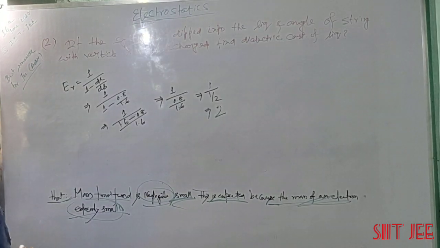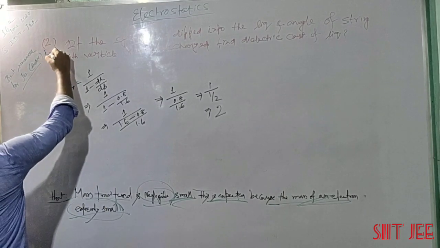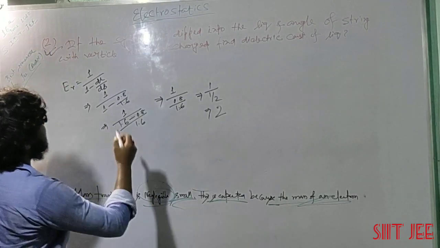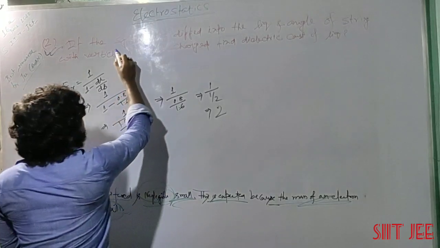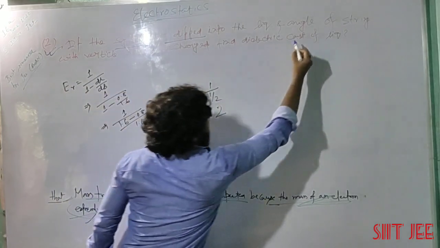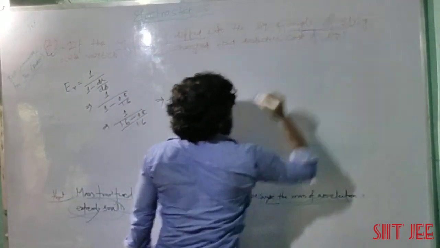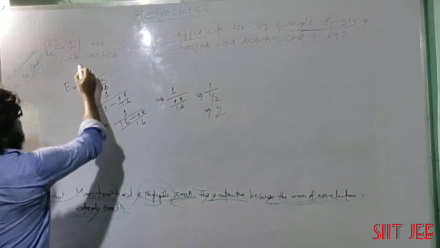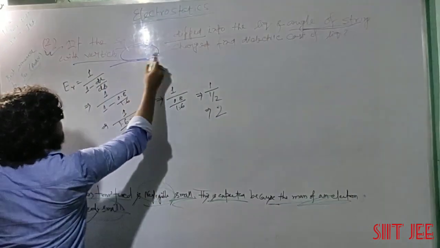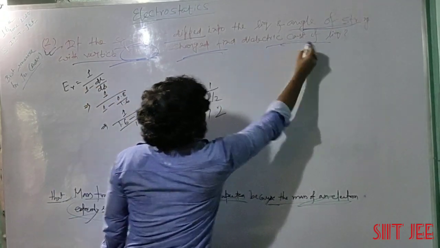Second numerical, a base numerical for JEE Main. If the system is dipped into the liquid and the angle of the string with the vertical remains the same, the spheres being uncharged, find the dielectric constant of the liquid.